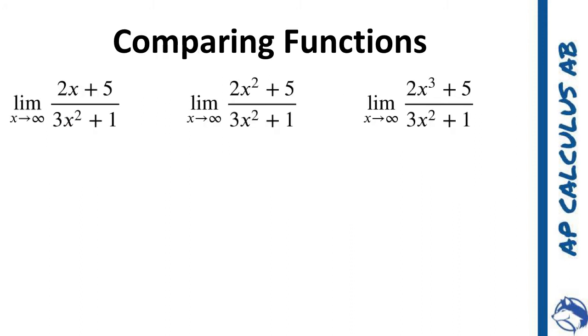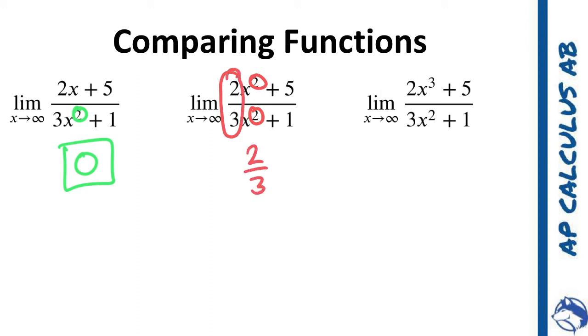So if I were to compare all three of these, I know that the limit as x approaches infinity, well, x squared is bigger on the bottom, so as it goes to infinity, this is going to be like 1 over x, which goes towards 0. So this one's 0. This one, the middle one, they've got the same power, and if they have the same power, we're going to end up with whatever the coefficients are out in front.